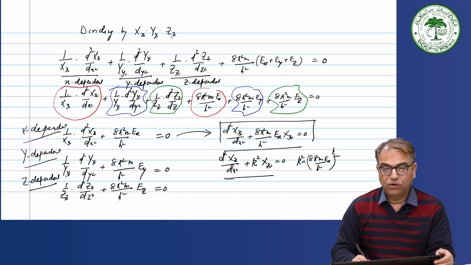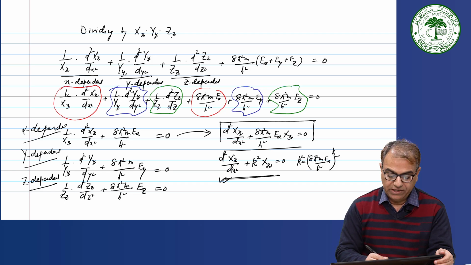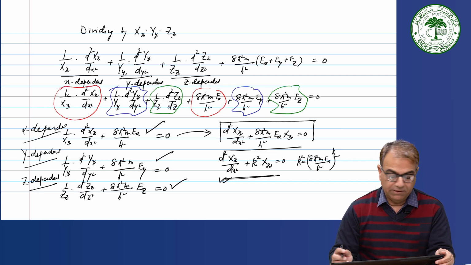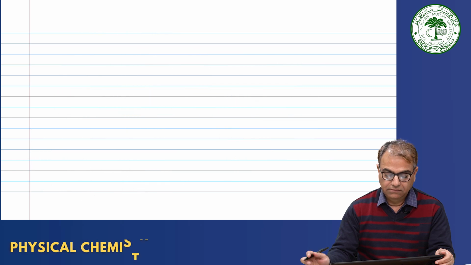So, the solution will also be similar to the particle in a one dimensional box. So, for each of these equations, we can write the same Schrodinger wave equation solution which we have done for the particle in a one dimensional box. So, let us write it.